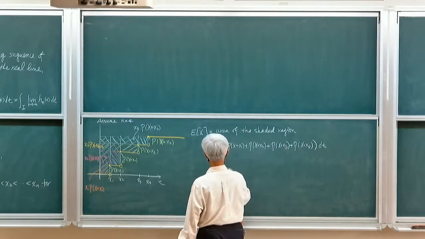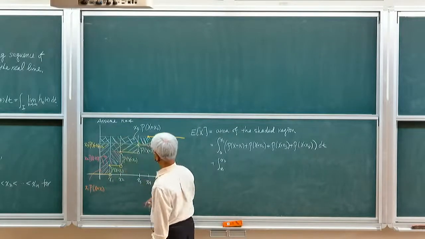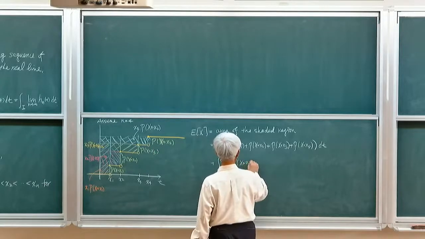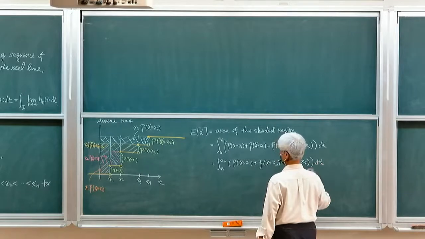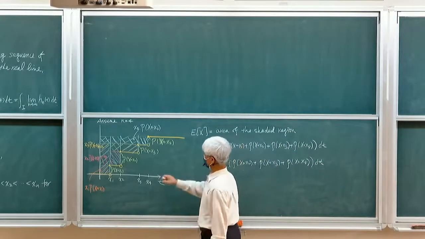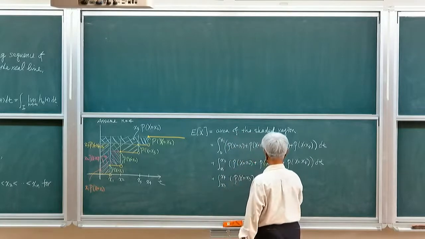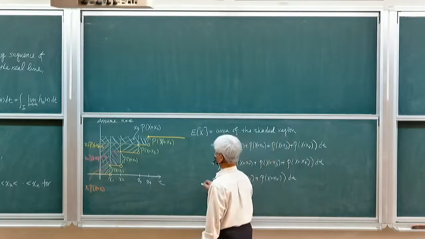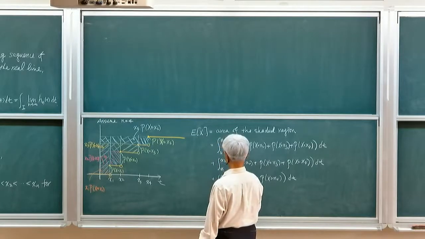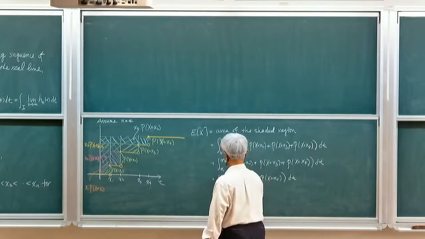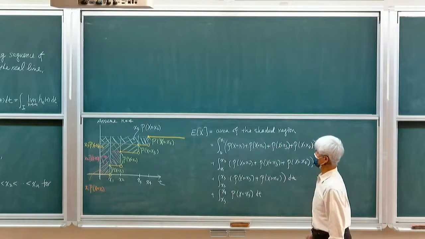Plus from x1 to x2, in this segment the height will be the probability of X equal to x2 plus X equal to x3 plus X equal to x4, dt. And from x2 to x3, the height is the probability of X equal to x3 plus X equal to x4, dt. And the last strip, from x3 to x4, is the probability of X equal to x4, dt. Okay, and that's it.